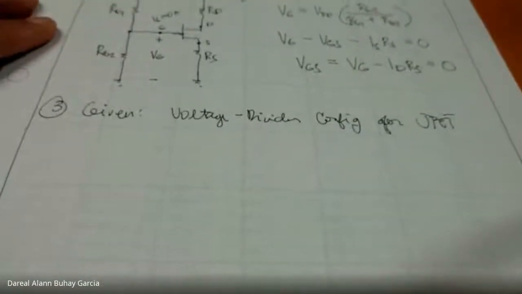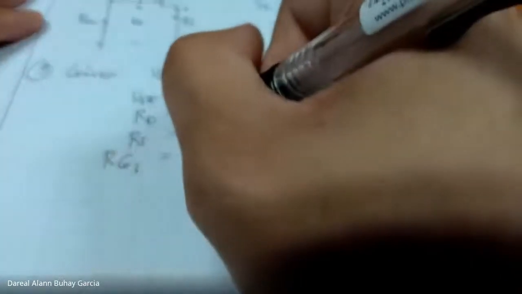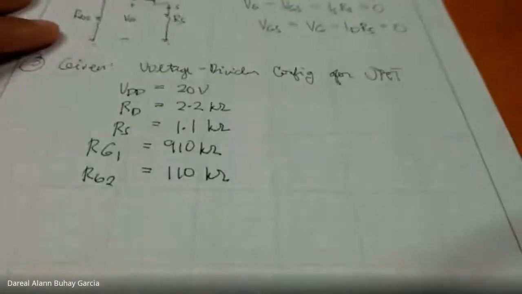So, given a voltage divider configuration for a JFET, which is this one, with VDD equal to 20 volts, RD is 2.2 kilo ohms, RS is 1.1 kilo ohms, RG1 is 910 kilo ohms, and RG2 is 110 kilo ohms.